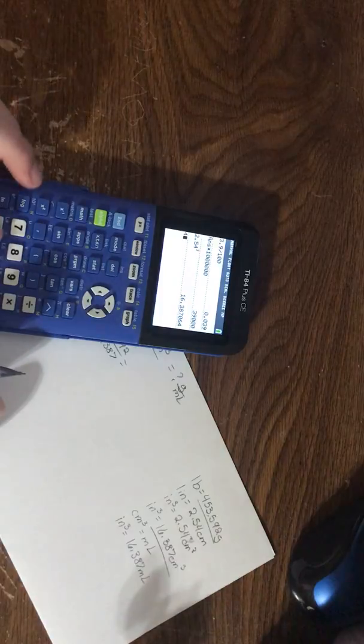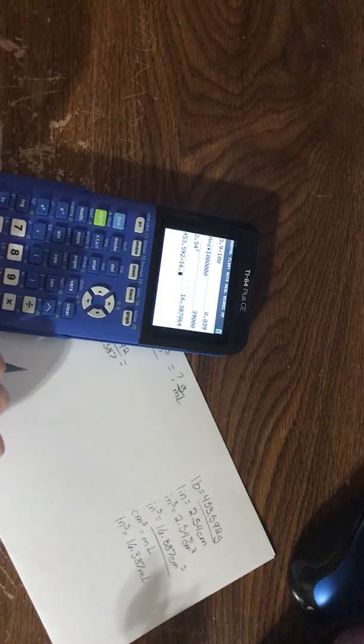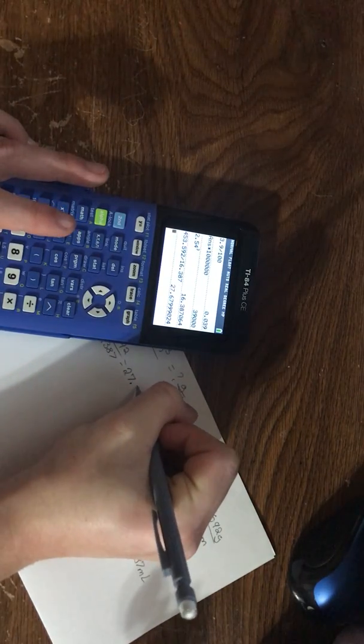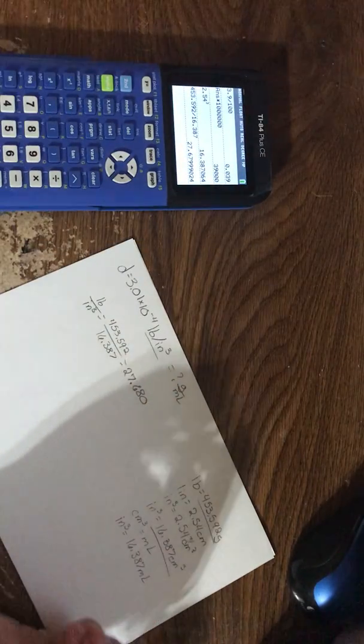When you type that into your calculator, you get 27.680, is what we'll go with.